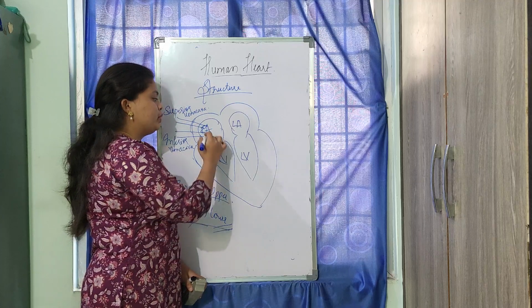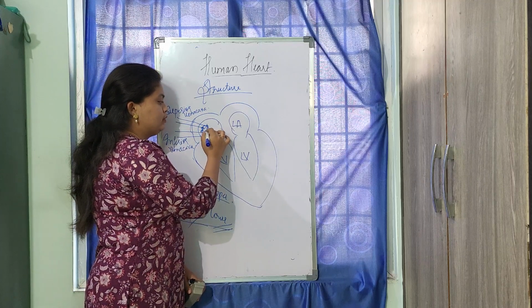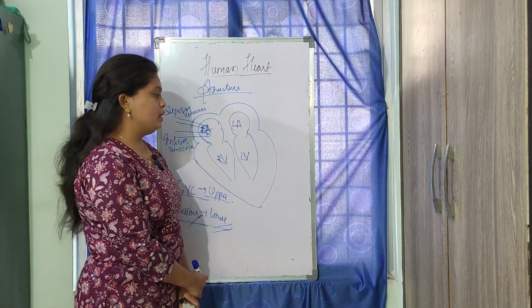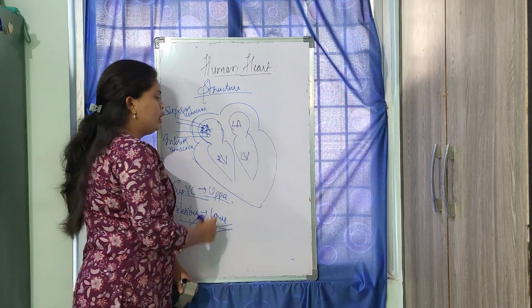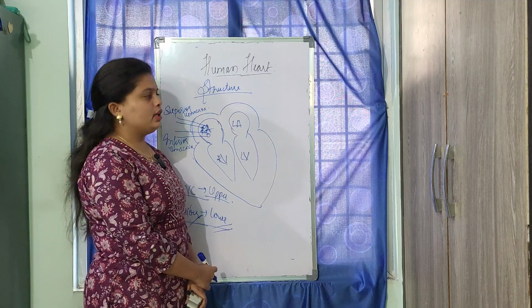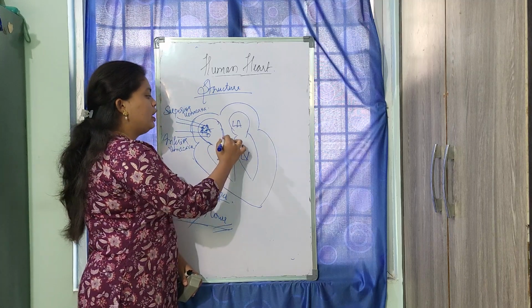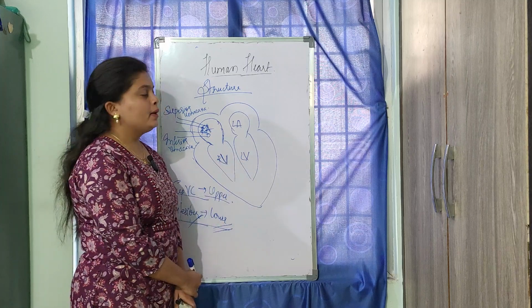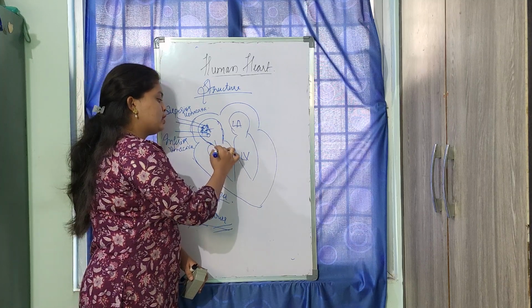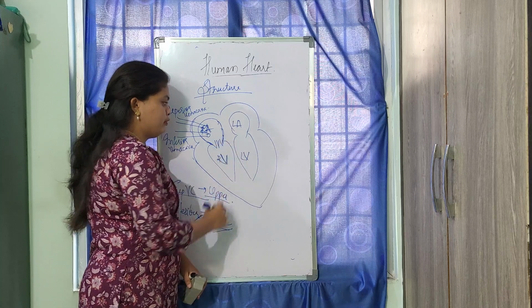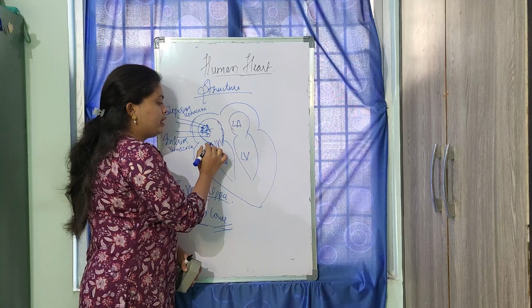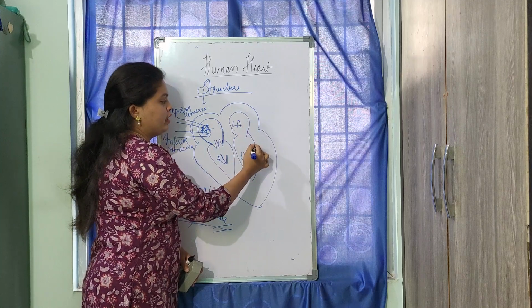They will pour into the right auricle. Right atrium and auricle are both the same names. When this deoxygenated blood is collected, it is sent to the right ventricle, but not before passing a very important valve. There is a septum which separates the atrium and ventricle.